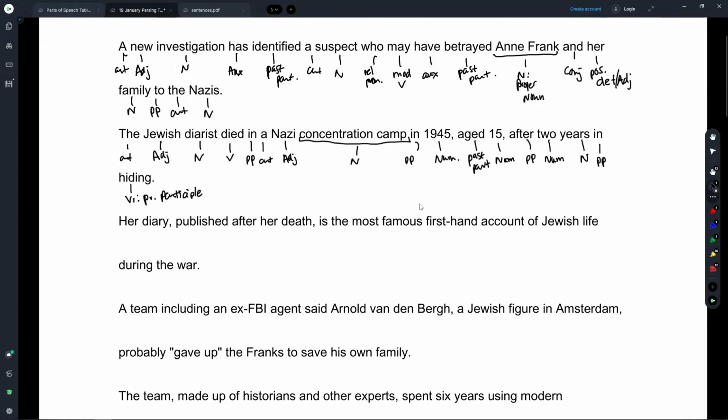Because this does not operate as a noun. I would say this does operate more like a present participle than a noun. Could be gerund, could be gerund. Right.